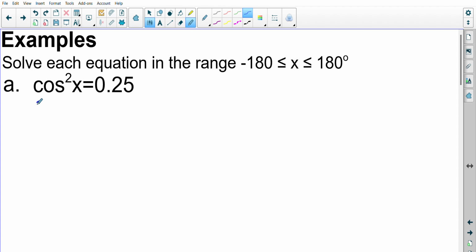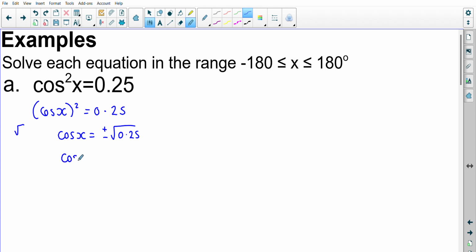So the first thing I'm going to do for the first one is just rewrite it as this and think about what I would need to do to solve that. And if you spotted it, I want to square root both sides because I want to be left with a cos x to find the principal value of. So if I square root both sides, I'll get cos x. Now be careful here. It's going to be plus or minus root 0.25.